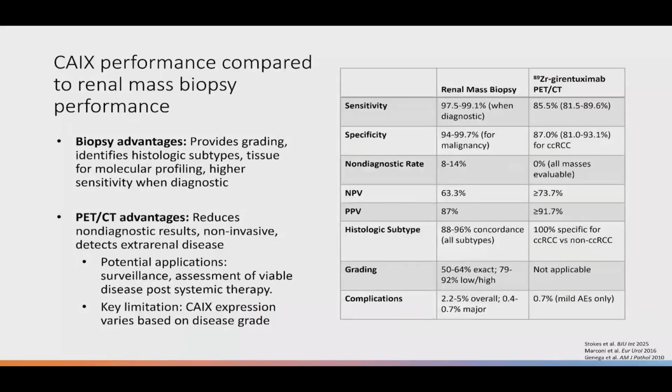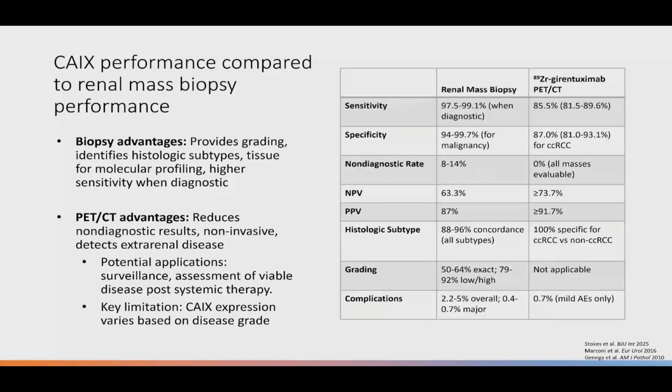Now comparing historic renal mass biopsy performance with CA9 imaging performance, it's clear that biopsy can provide information that molecular imaging cannot reliably provide. For example, it gives us information on grading and histologic subtype, and the tissue obtained can also often be used for molecular profiling when it is diagnostic.